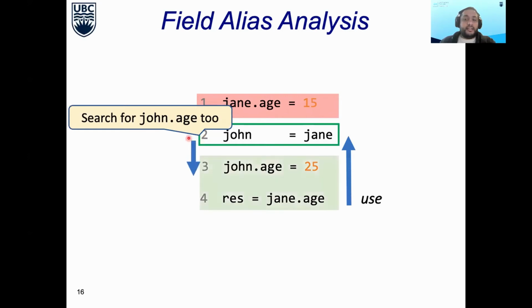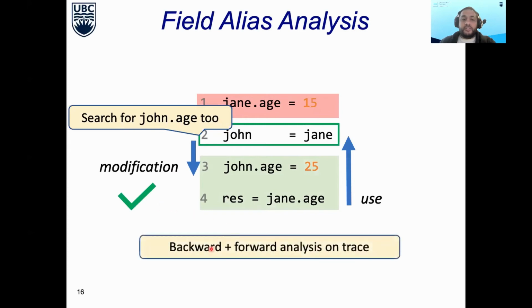Instead, the analysis should look for the variable in the forward direction, which leads to the correct modification of the field. So, this algorithm goes in both backward and forward directions on the execution trace to look for the field modifications.